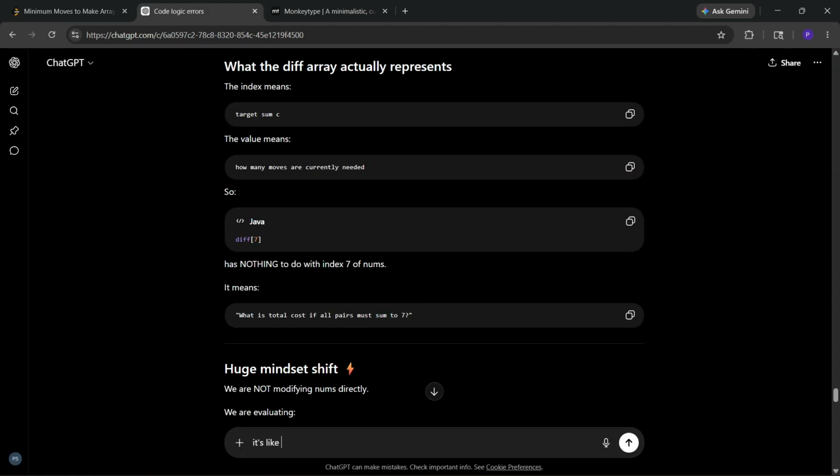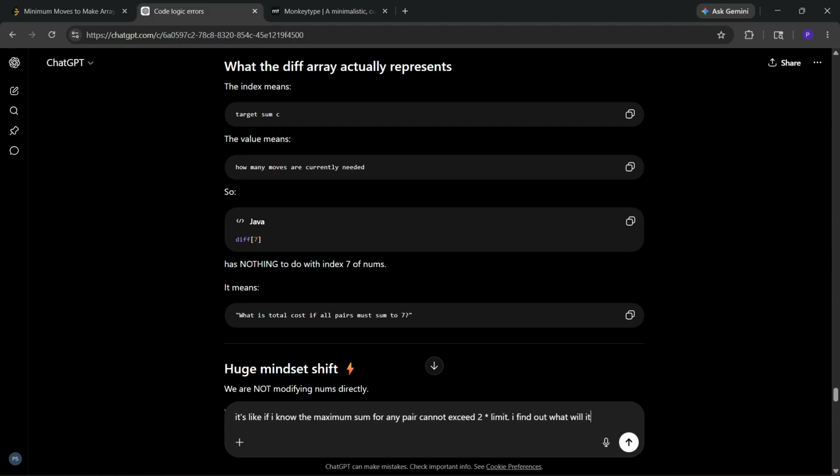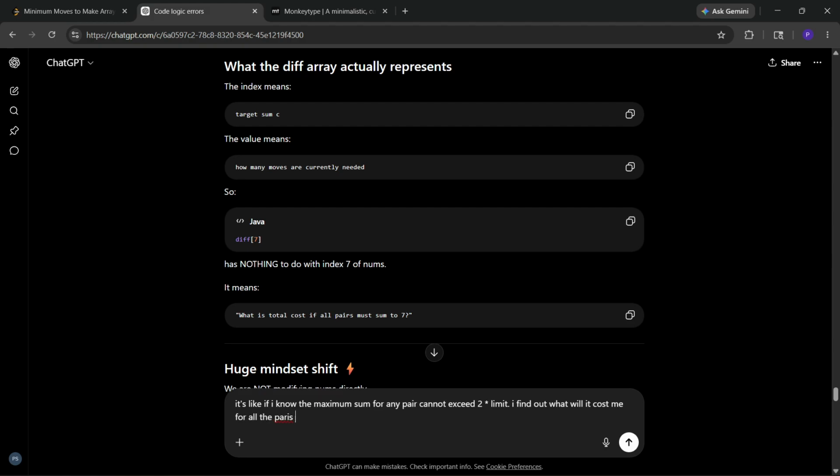It's like if I know the maximum sum per pair cannot exceed twice the limit, I find out what it will cost me for all the pairs to reach or change to all the possible values in the range. Okay, that does make sense.